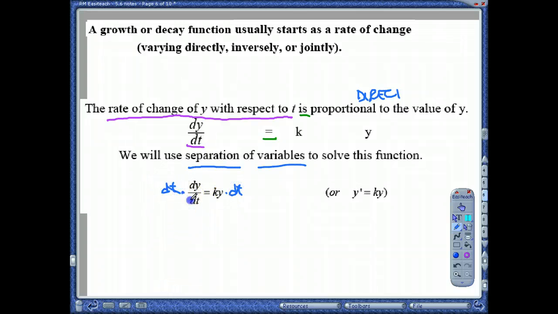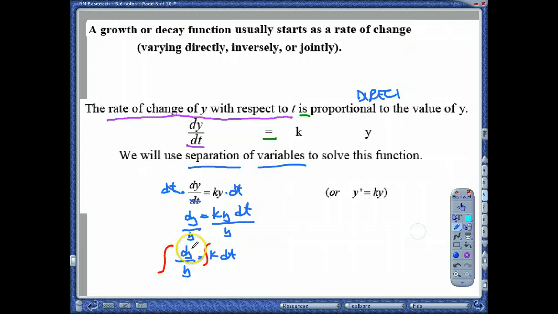Those will cancel. So now I have dy equals ky dt. I need to divide both sides by y to get it over to the other side. So now I have dy over y equals k dt. My variables are separated. Now I'm going to integrate.